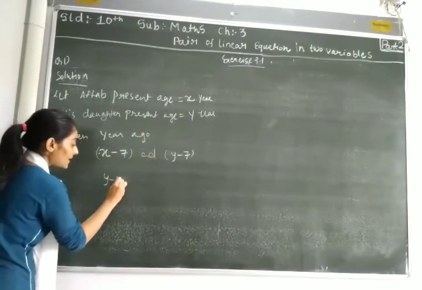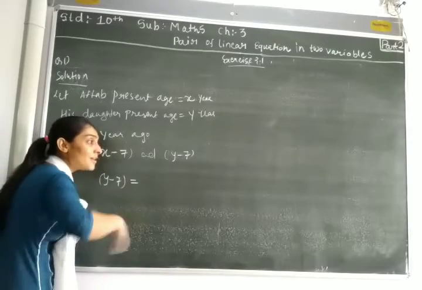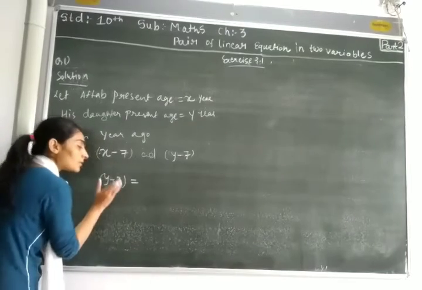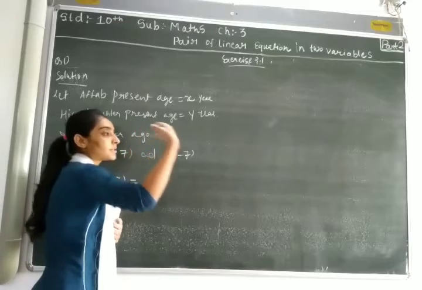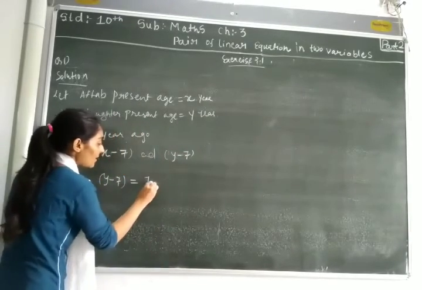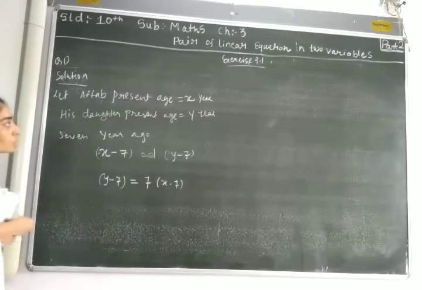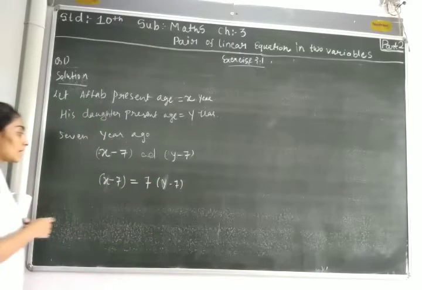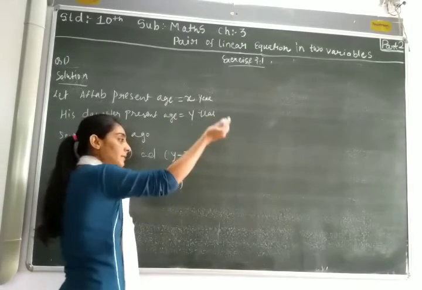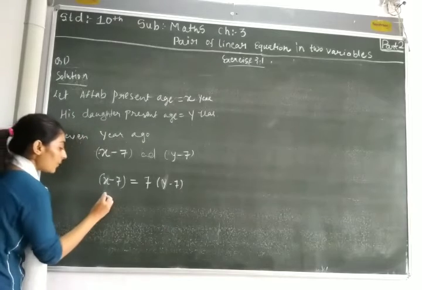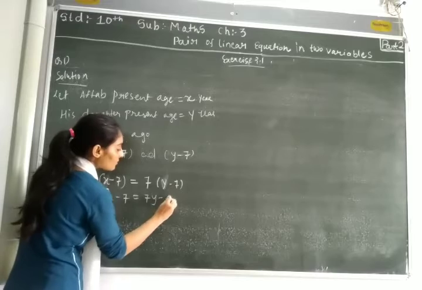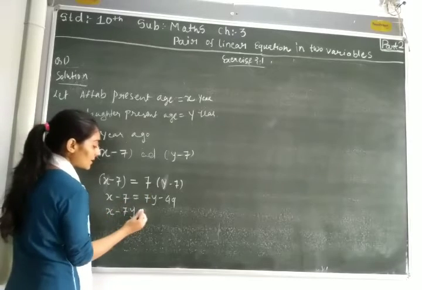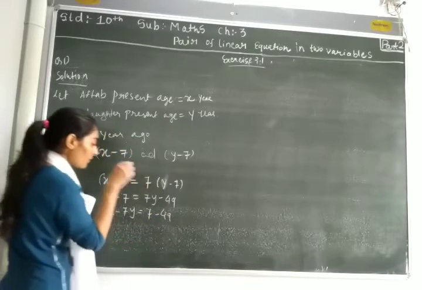It means, look at over here, x minus 7 equals 7 times y minus 7, which gives minus 49.